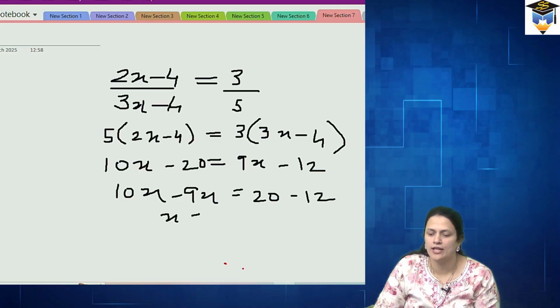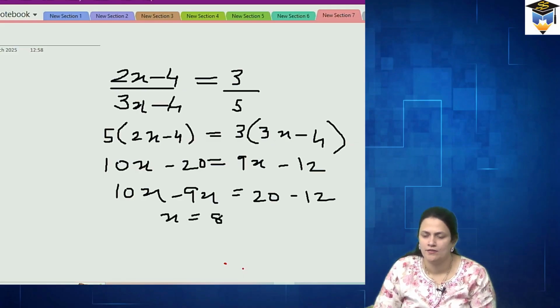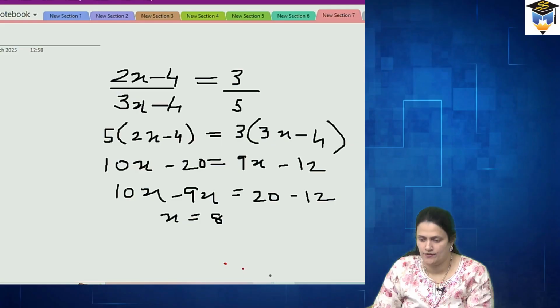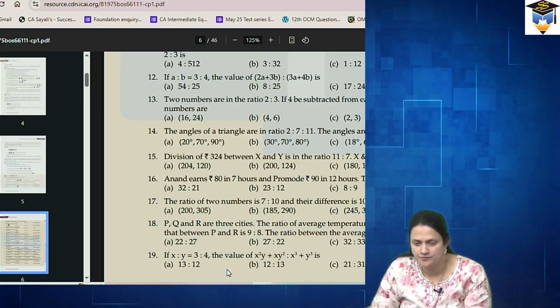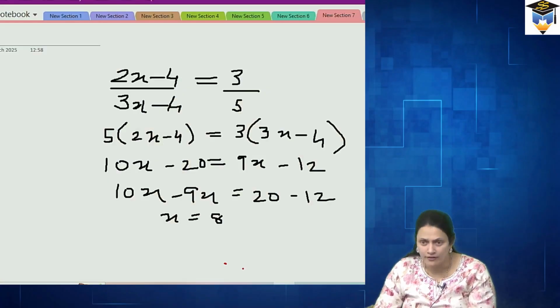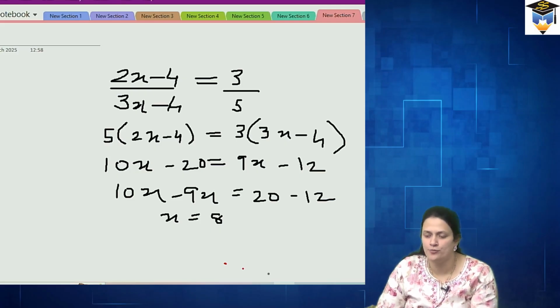So what is the value of x? 8. The value of x is 8. So what is the correct option? 8 into 2 is 16, 16 minus 4 is 12, and 12 upon 20, option A.